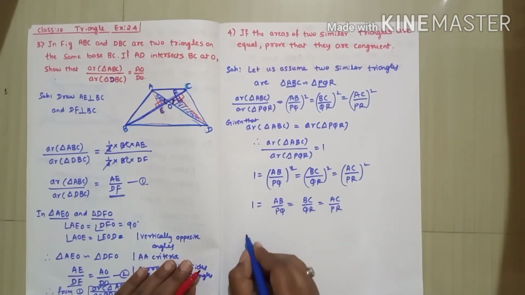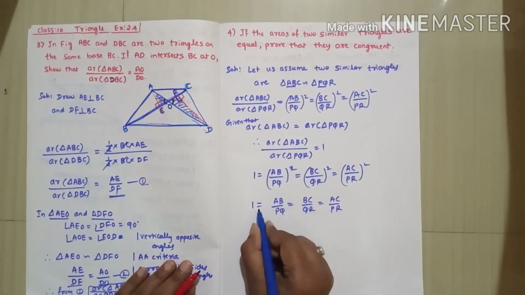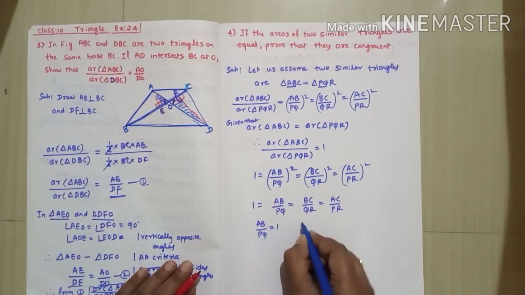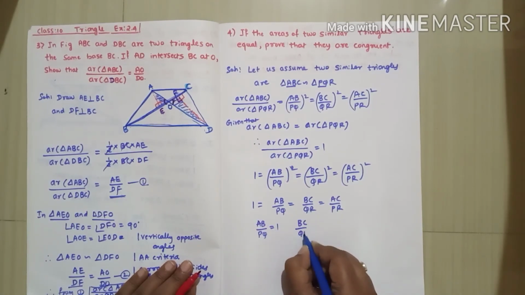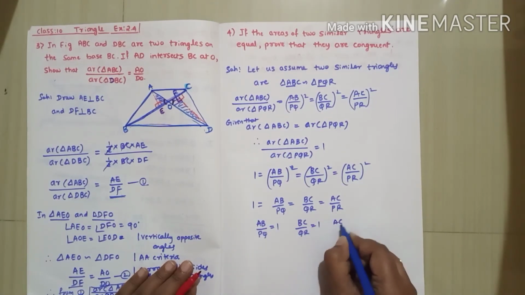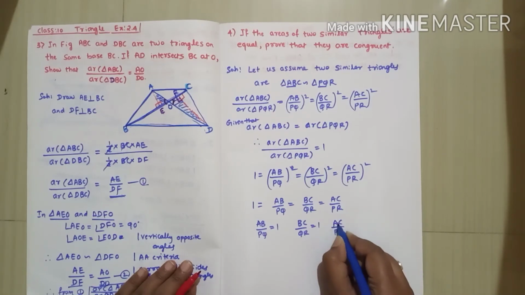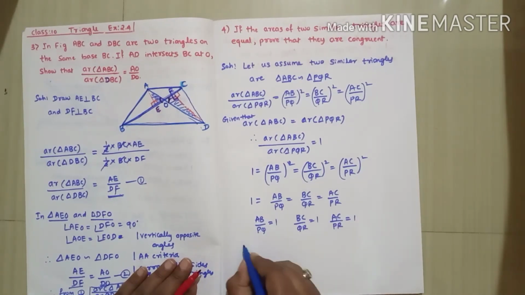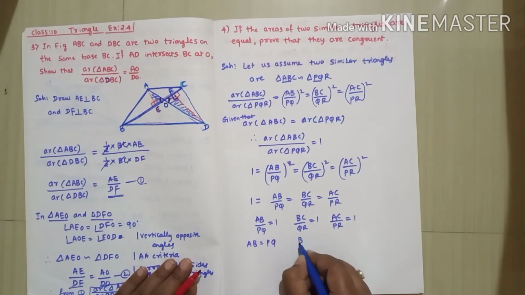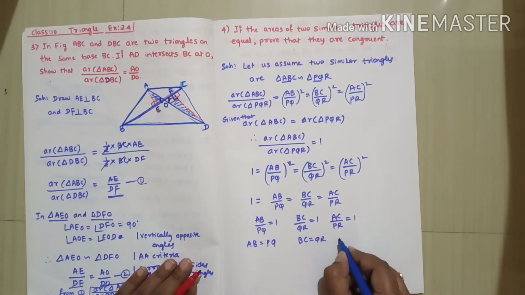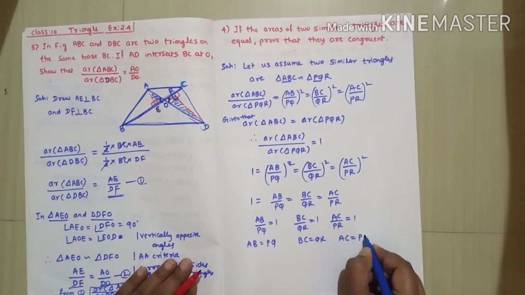Now equate all these ratios to 1 because all are equal to 1 there. So AB by PQ is equal to 1, BC by QR is equal to 1, AC by PR also equal to 1. Now if you transfer here, AB equal to PQ, BC equal to QR and AC equal to PR.